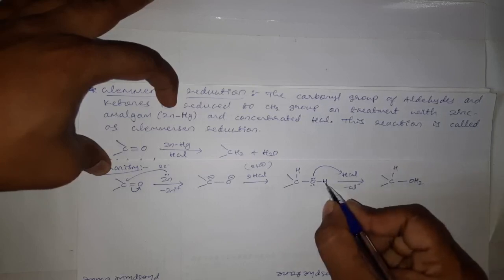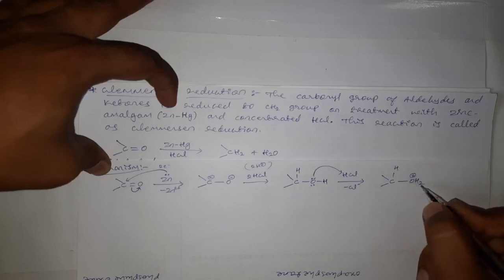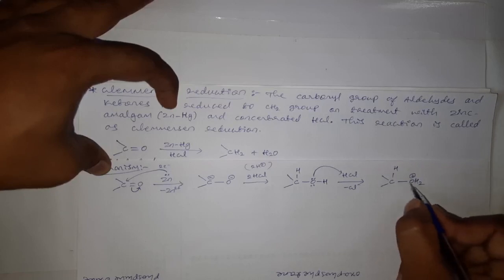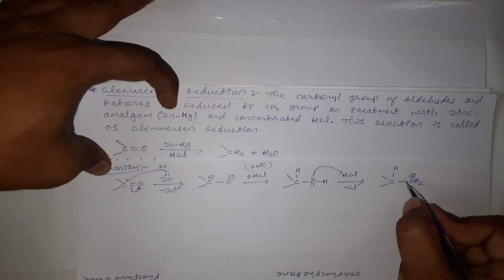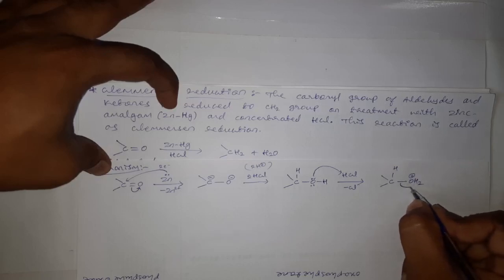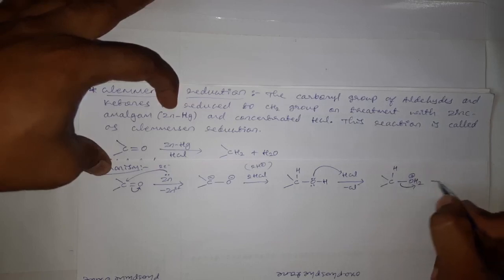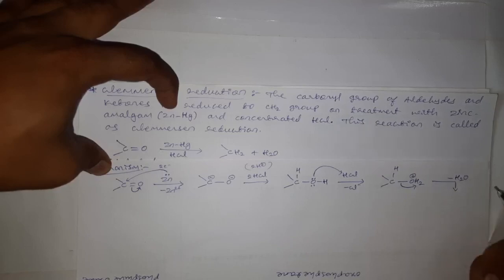After adding this hydrogen, we get OH2, and this oxygen gets a positive charge because it now has 3 bonds. This oxygen, being more electronegative than carbon, is unstable with a positive charge, and to get stability it will drag the bonded pair of electrons towards itself and go out of the reaction as water. Here we have a loss of a water molecule.